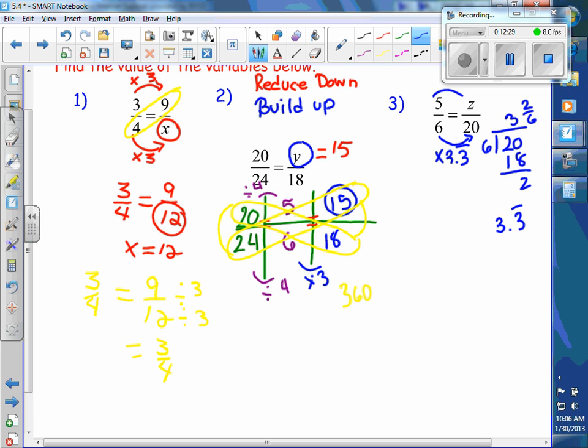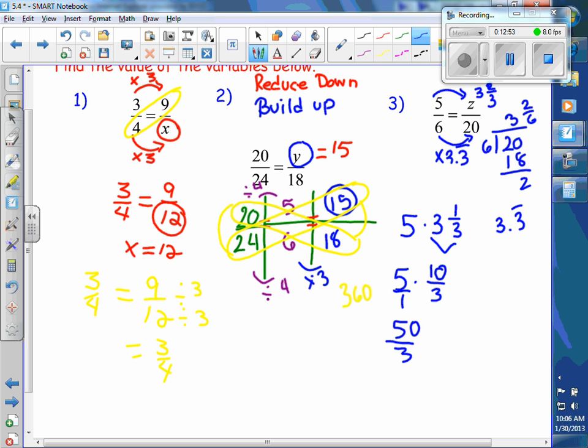So you would have to do the same thing here. You would have to multiply this by 3, and we would want to leave it in fraction form in that case, 3 and 1/3. So you would have to take 5, and then you would multiply it by 3 1/3, which some of you still need a lot of practice. That's 10/3, right? So that's 50 over 3.